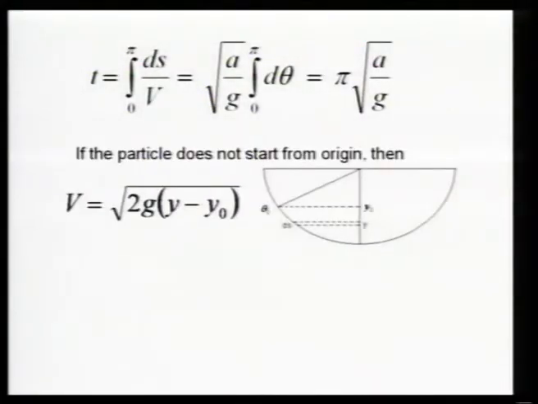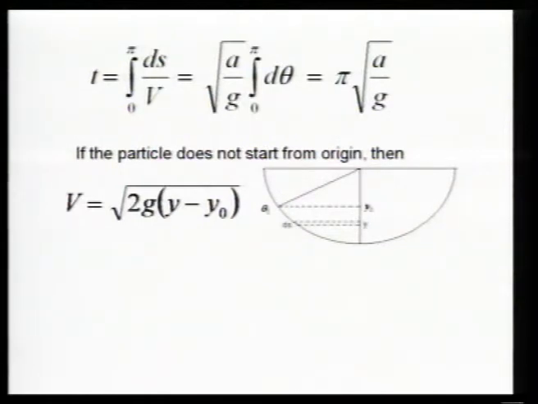Suppose the particle does not start from the origin. It starts from somewhere else. So that the particle starts from, velocity would now be equal to under root 2g(y minus y0), where y0 is the initial starting point. And we calculate the time which the particle takes to slide down from this point to the lowest point. Everything else will remain the same.